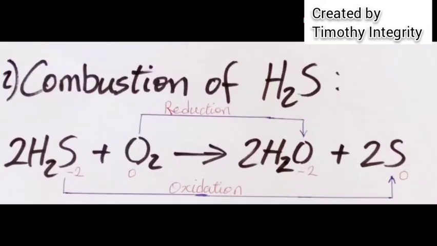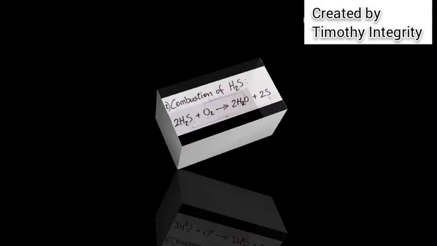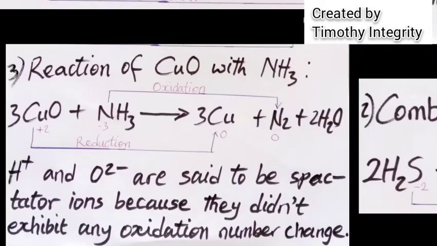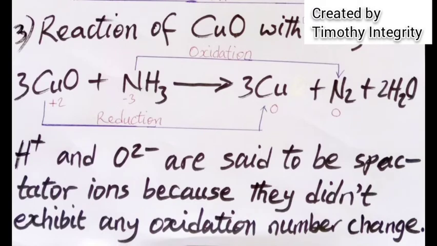In the second one, we have combustion of hydrogen sulfide. Also, sulfide ion got oxidized to sulfur, yellow sulfur here. We have that oxygen got reduced to oxide ion. So you can see the changes in oxidation numbers there. You have also the third example there, the reaction between copper 2 oxide and ammonia.